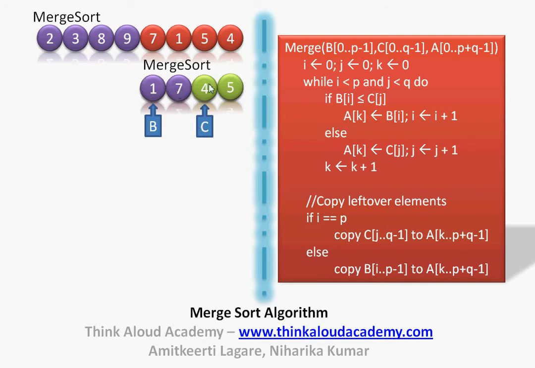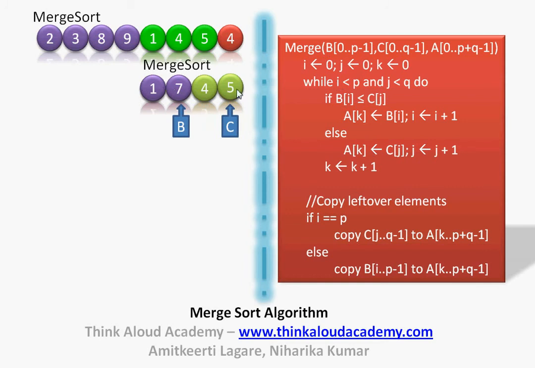So when we go into the parent, we again have to call merge because we have a sorted sublist of left and right. So we will compare 1 and 4. Since 1 is less, 1 gets copied into its parent, and B moves ahead, and we compare 7 and 4, and since 4 is lesser, the comparison is done here. We copy C of J into A of K. So 4 gets copied into A of K, and then C's index moves ahead. We again compare, is B of I less than C of J?